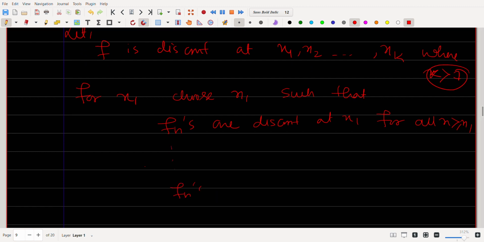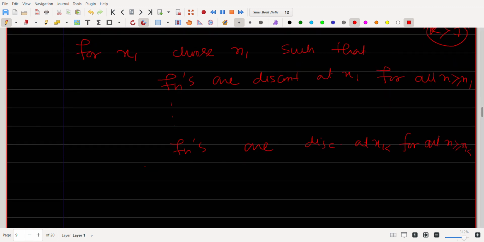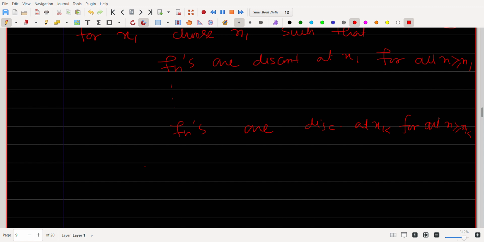And we can do the same thing, right? Then fn's are discontinuous at xk for all n greater than or equal to nk. We can do the same. Now choose m to be the maximum of n1, n2 up to nk.